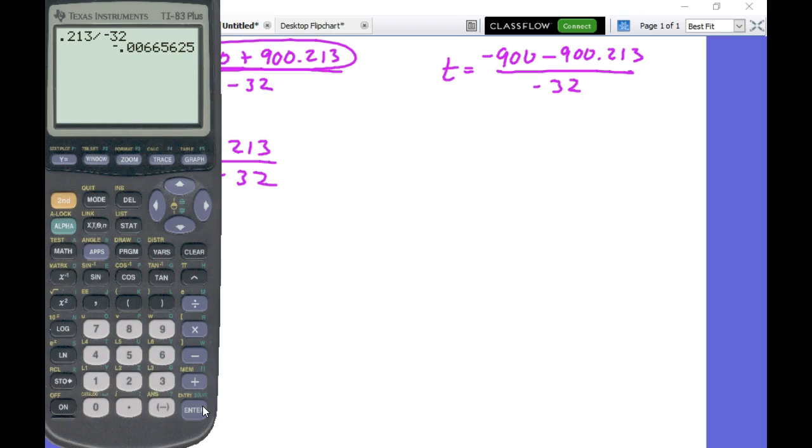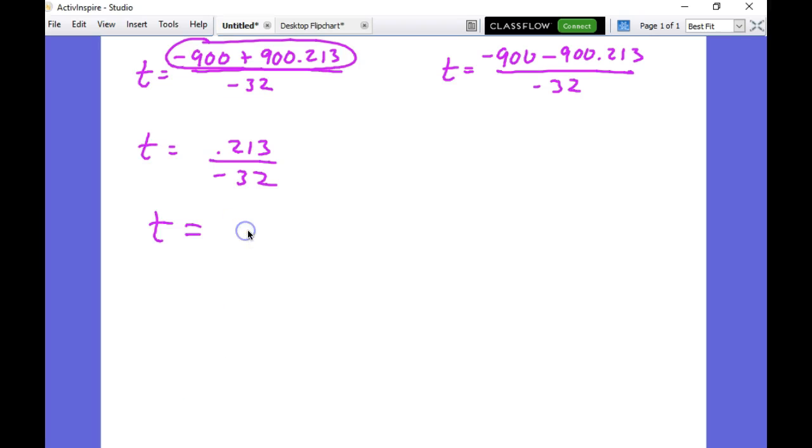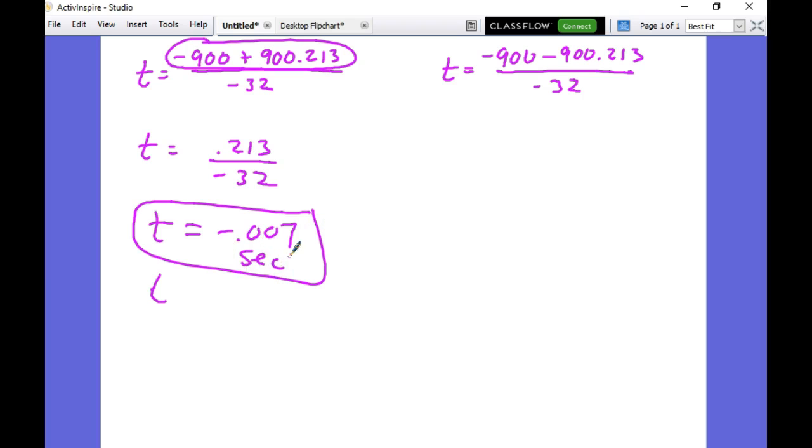So we end up with negative 0.007. And remember, that's seconds. Now, is there such a thing as negative time? No. We'll talk about why we're not using that one in a second. But let's come over here. Let's do this one now.